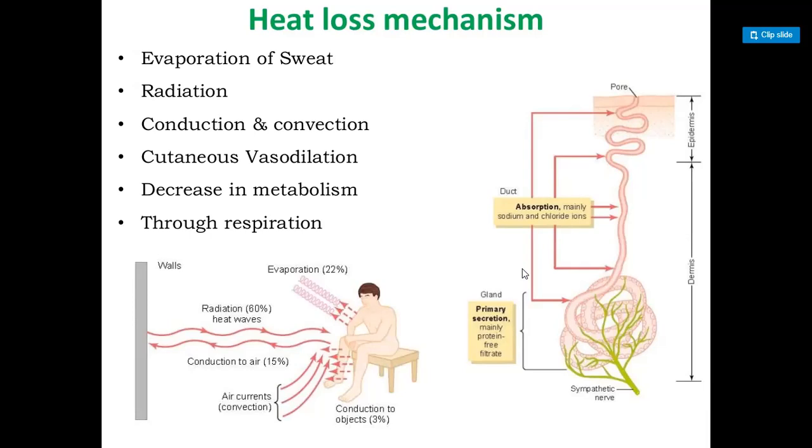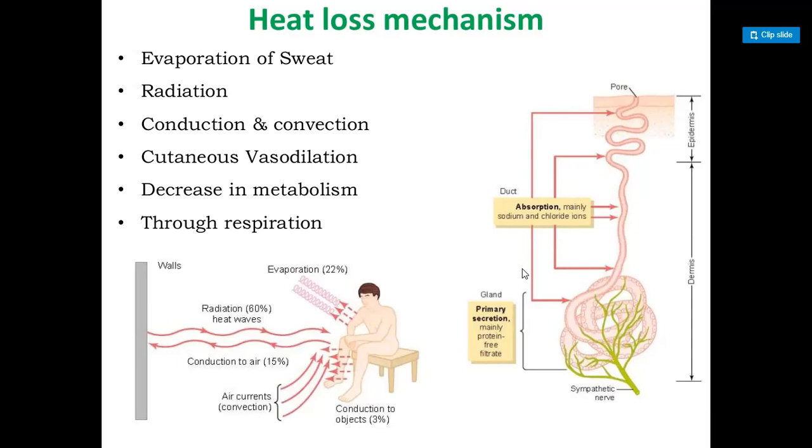Then sometimes radiation. When you are in a room, for example, that is kind of cold, a room that is colder than your temperature, or maybe you are very hot and then you enter a cold room and you are sitting close to the wall, there is heat loss from your body towards the wall, or towards whatever the temperature is in that room, or even the air in the room.